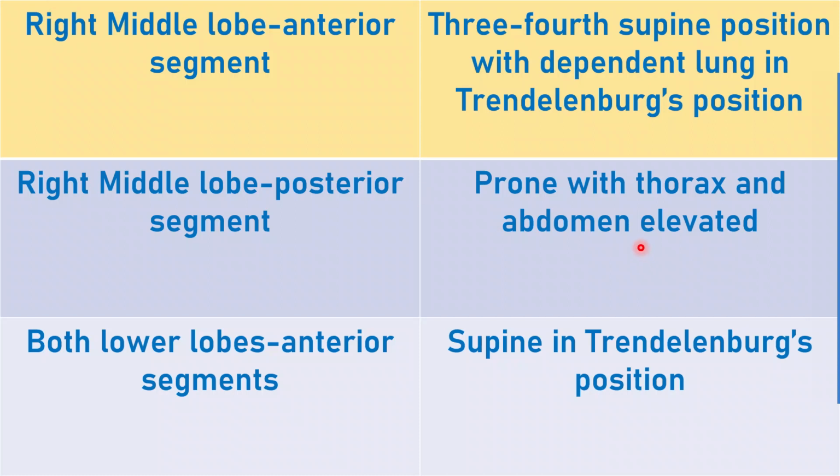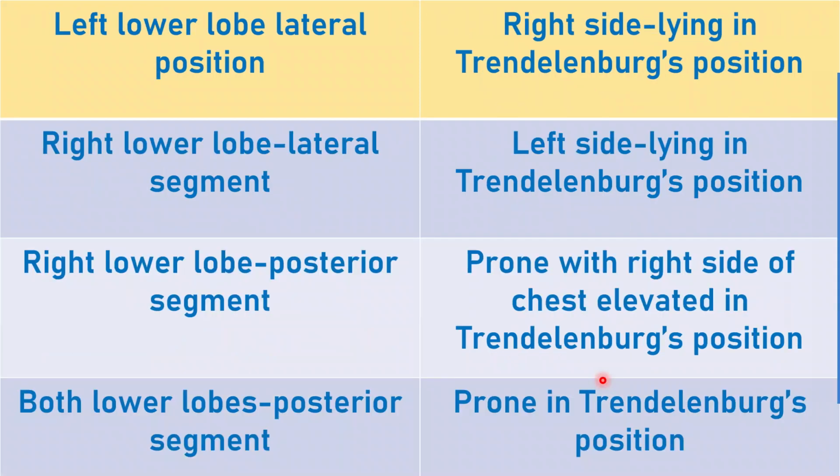So para maintindihan nyo to, you can have the other illustration kanina, yung picture kung ano ba talaga yung itsura ng patient. If you're draining for both lower lobes anterior segment, you can place your client in supine in Trendelenburg position. Okay, nakasupine, nakahiga, nakataas lang yung paa niya, ibig sabihin.